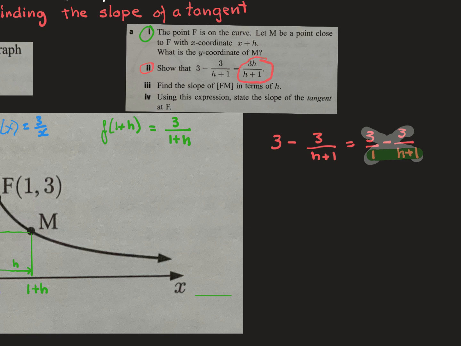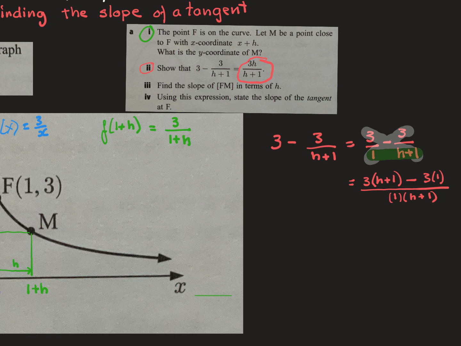So let's try and do that. Okay, so that will become 3. Remember the brackets. If you don't do the brackets, you're going to be in real trouble. Minus 3 times 1 over, and here we've got just 1 times h plus 1.